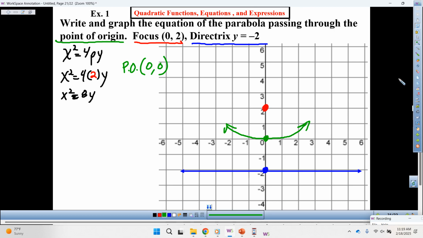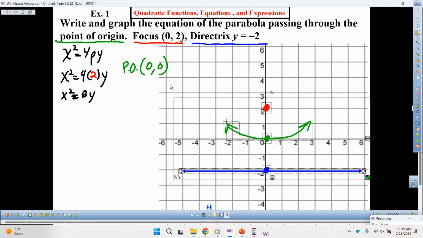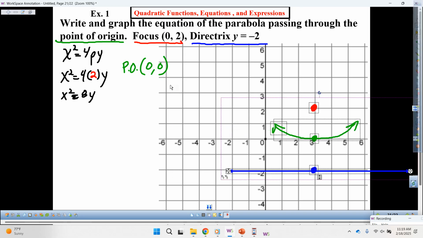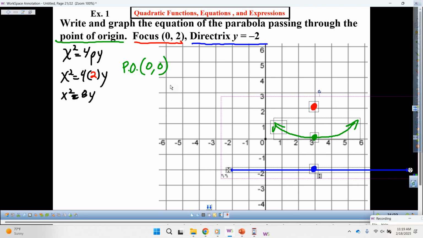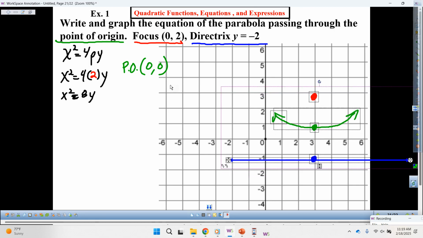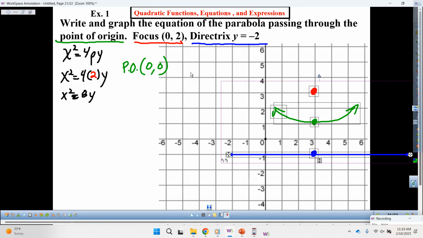However, Mr. Q, what if it wasn't going through 0, 0? What if it was going through somewhere else, over here? Something like that. Will that same equation work? No!